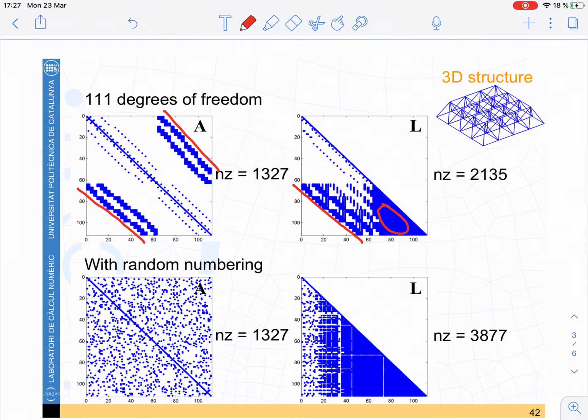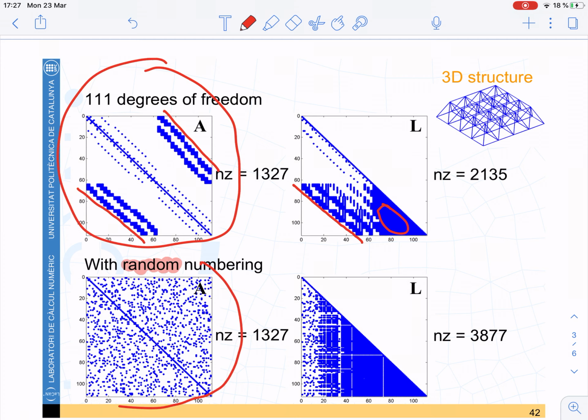Imagine now the following scenario. Instead of having the natural ordering of the nodes of the structure, we have a random numbering. Okay. In other words, imagine that the stiffness matrix, instead of having this banded structure, has this random structure.